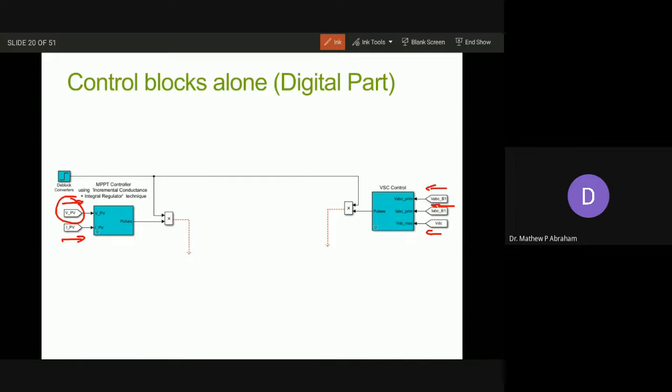Similarly, these were the points where the digital pulses were going into our thyristors or IGBTs, right? So here we will be connecting the corresponding digital output blocks, right?